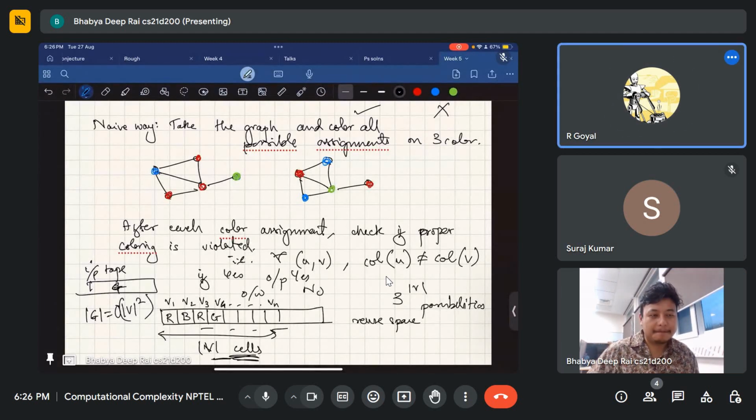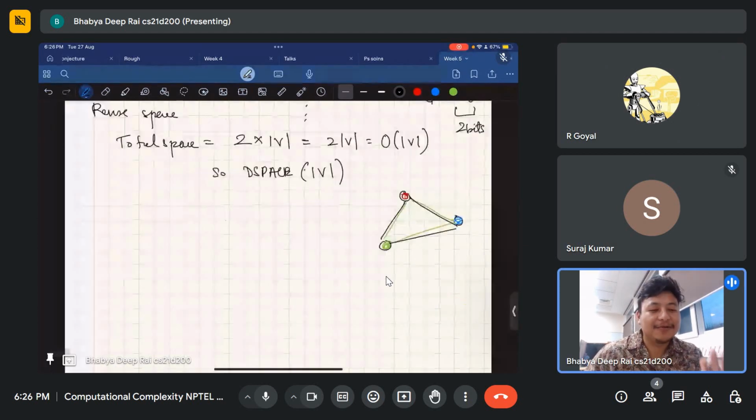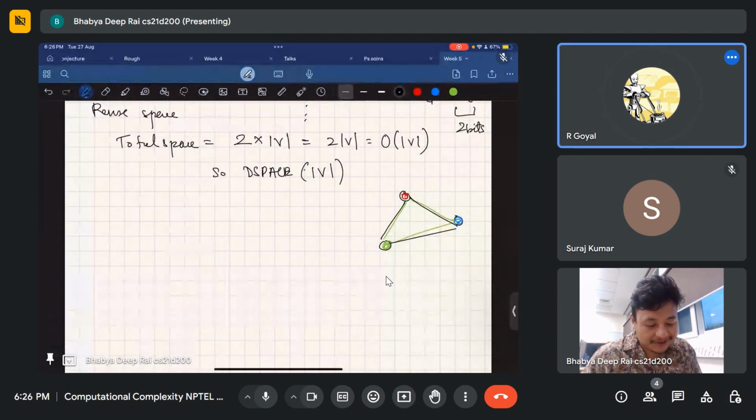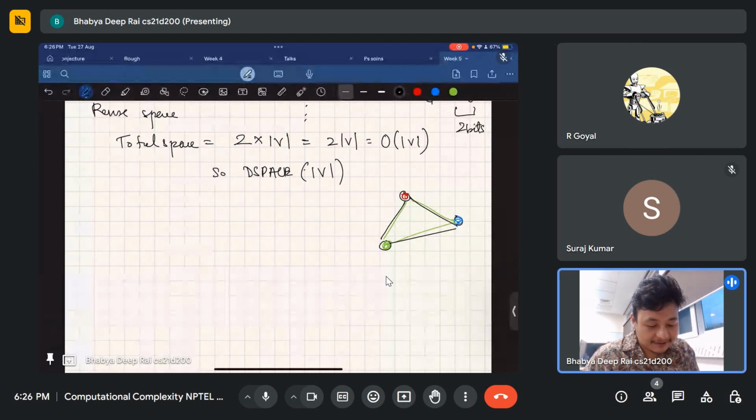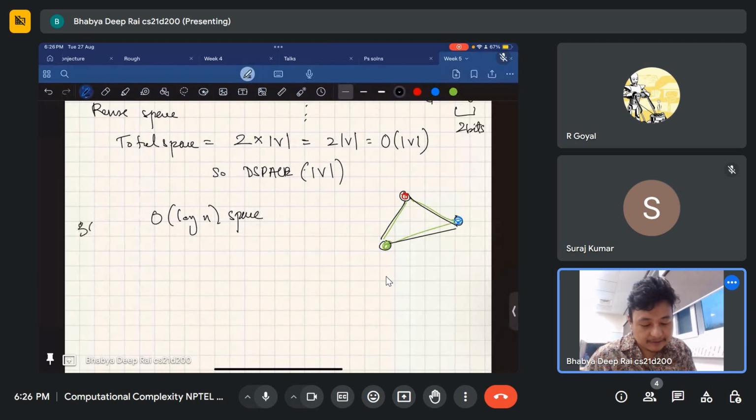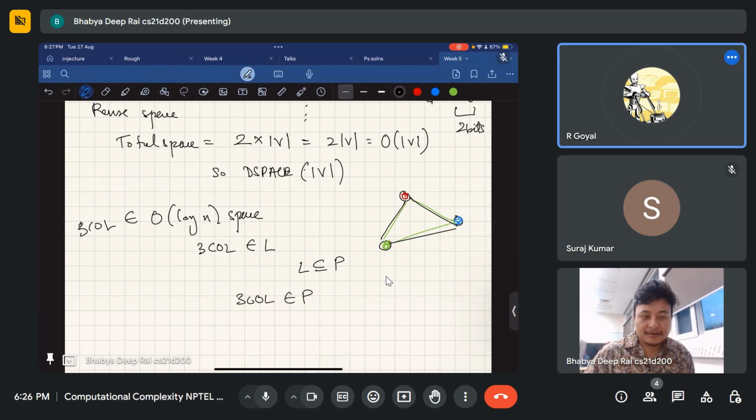I'll give you another argument why that does not work. You are saying it takes order log n space to solve 3 colorability. But if 3 colorability is in order log n space, it means 3 colorability is in L. But L is in P, so 3 colorability would be in P. Yes, right.